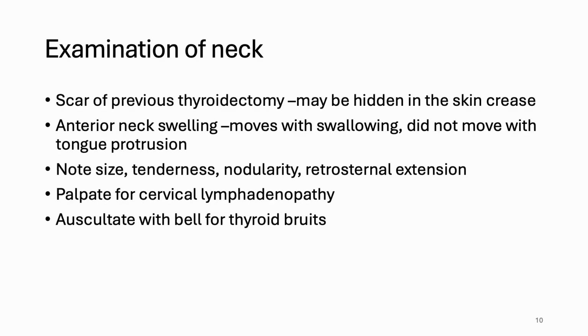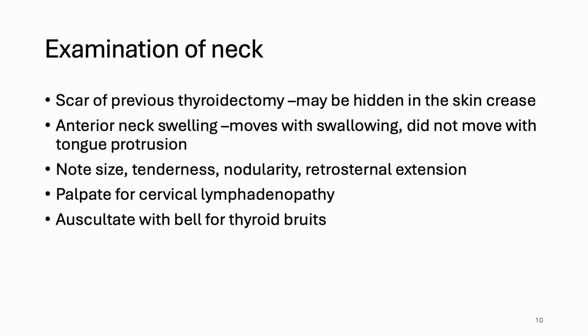Candidate should look specifically for scars of previous thyroidectomy. Be careful, this may be hidden in the skin crease, so you should look at the neck more closely. And goiter, which is a thyroid enlargement, will be felt as an anterior neck swelling. It should move with swallowing and not move with tongue protrusion.